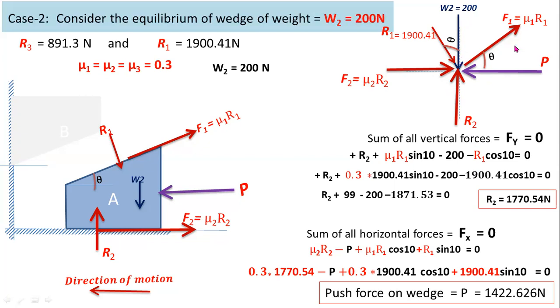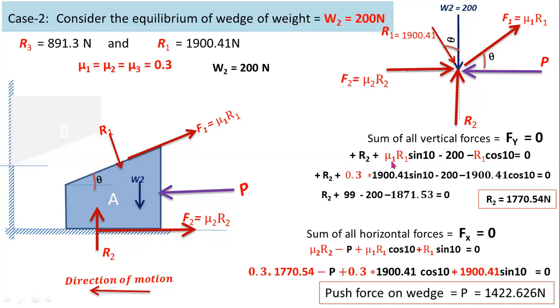And this force F1 makes an angle theta with respect to horizontal, so the vertical component is mu 1 R1 sin theta. And this reaction force R1 makes an angle theta with respect to vertical, so the vertical component is R1 cos theta. So these all are the forces acting along the vertical axis.